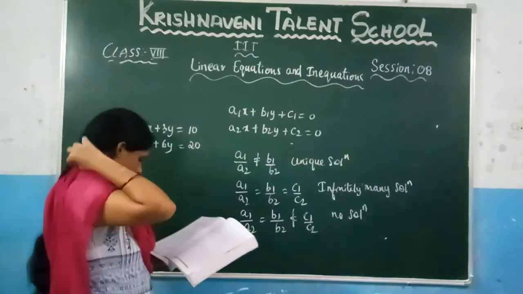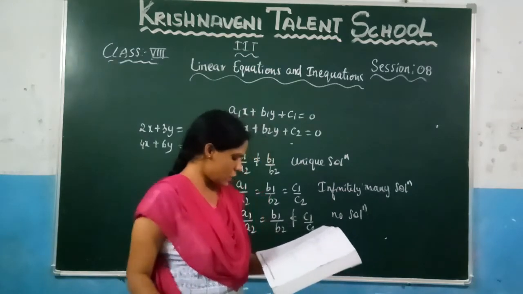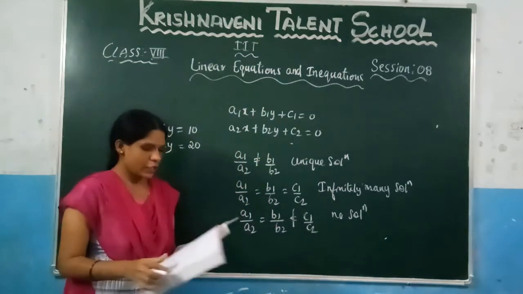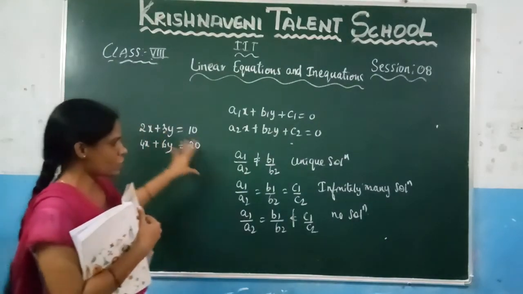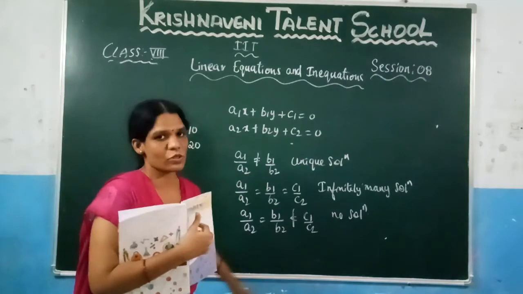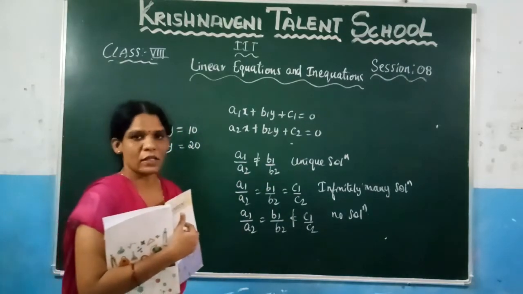Here, on page number 12, they have given this example. You need to state whether these equations have infinitely many solutions, a unique solution, or no solution, without doing any of the process.